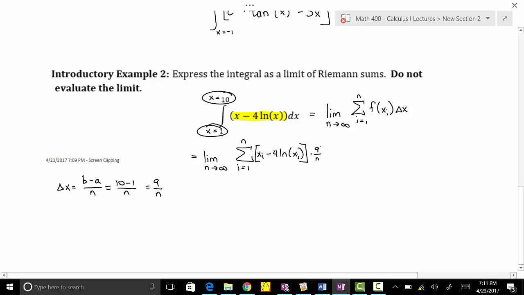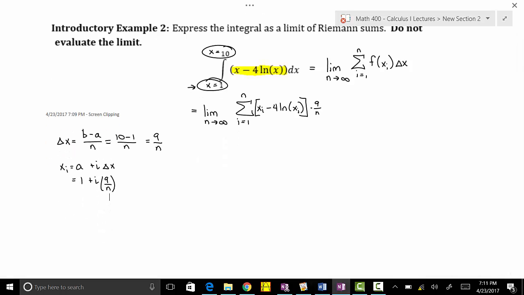But not only that, we also know that x sub i is just a plus i times delta x. Well, a is this lower limit, which is 1, plus i, and we just computed delta x to be 9 over n. So all those x sub i's that you see in there can be written a little bit, well, it's not cleaner, honestly, but it can be written differently.